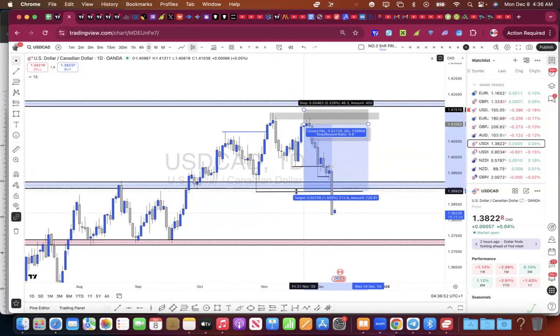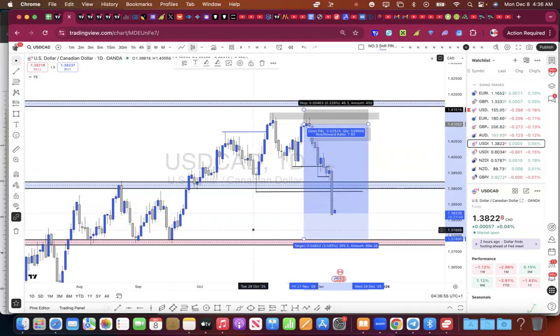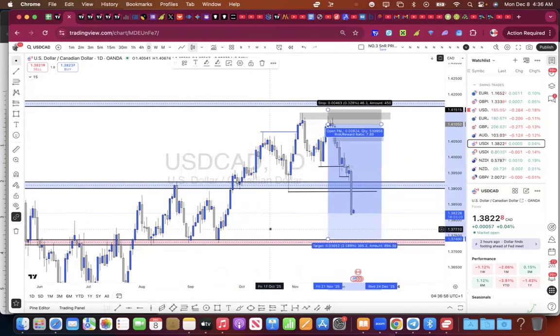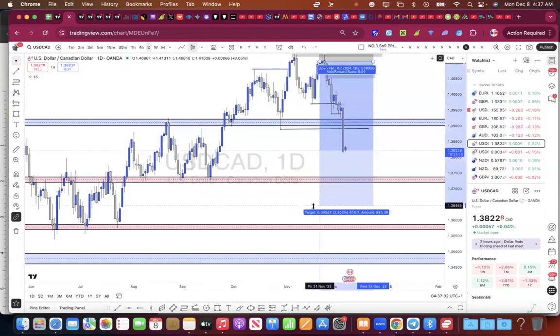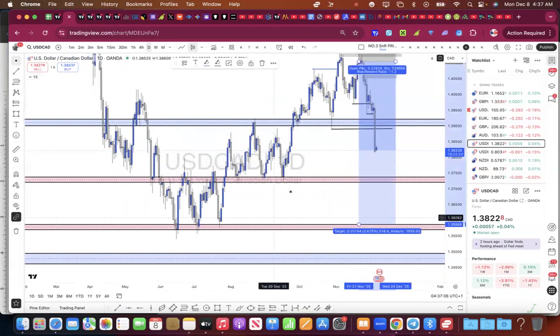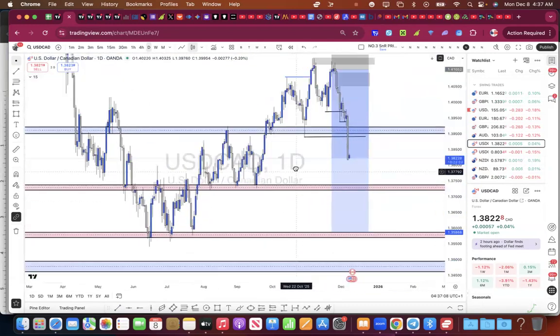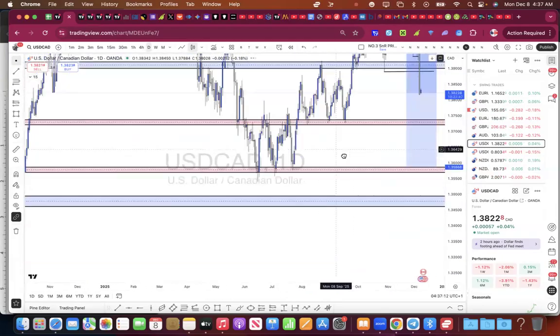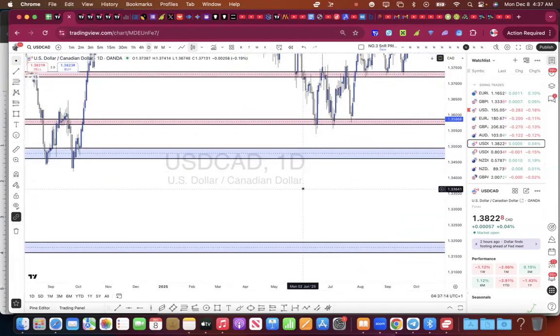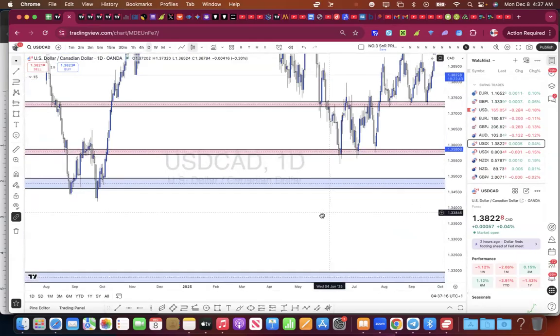And this is another key level. And then the next target will be this low. You understand? And I think the market rebalancing is supposed to return back to that low. I think so.